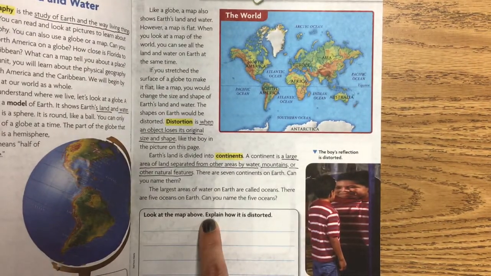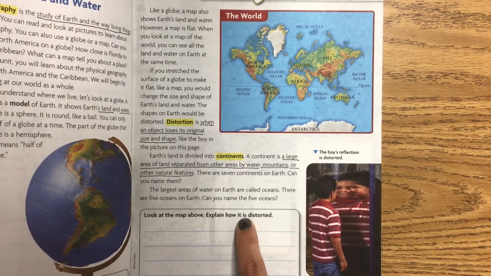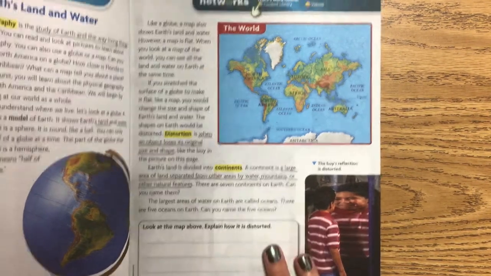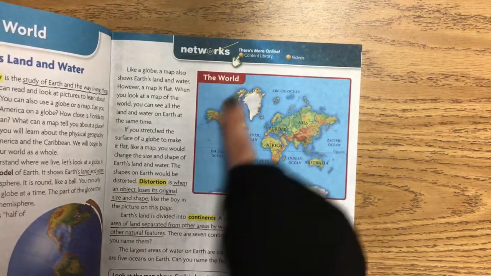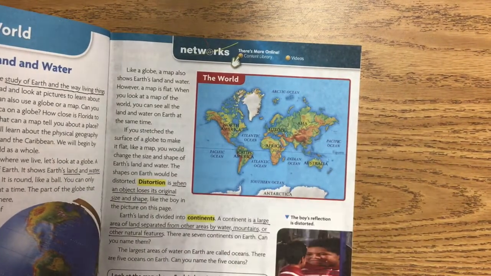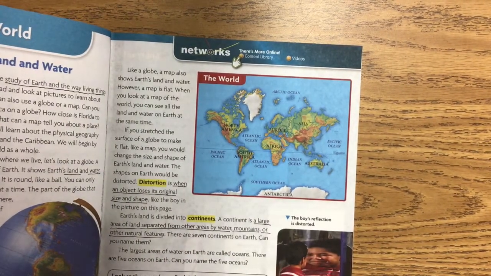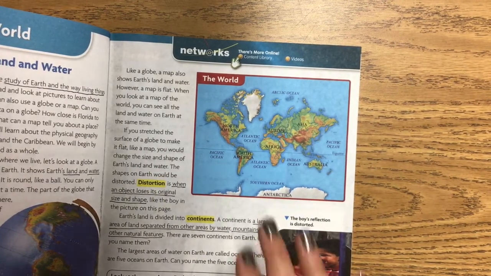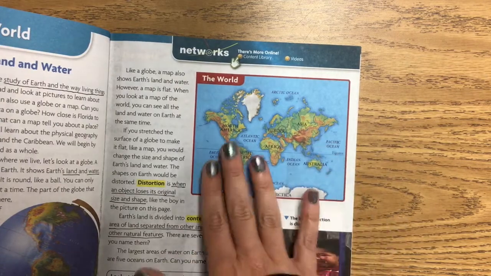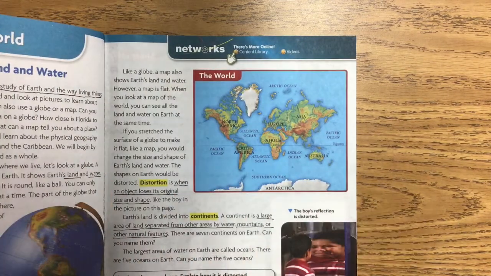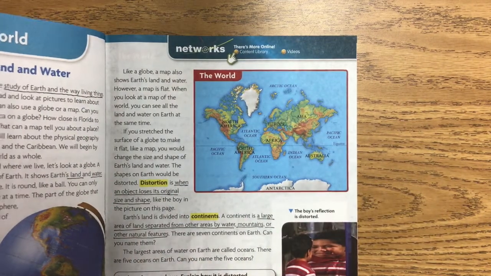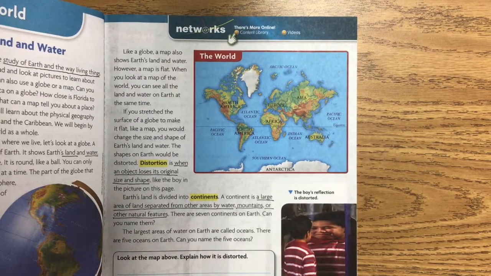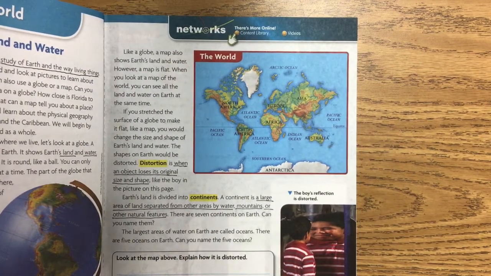Look at the map above. Explain how it is distorted. How is this map distorted? Well, I know that the Earth is round, but on this map, the map is flat. So I could write a sentence about that.